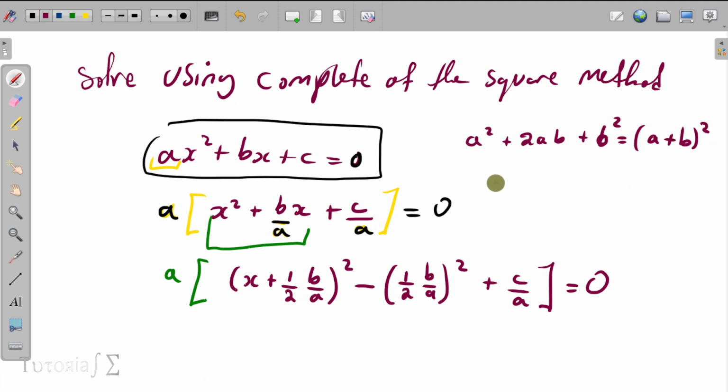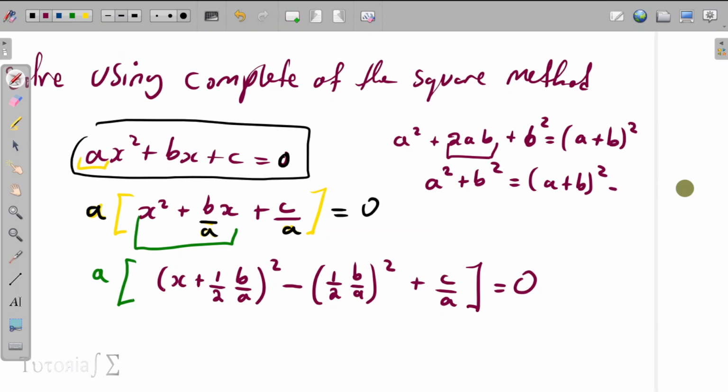What about if we wanted to have a squared plus b squared written as a plus b, then squared? Well, there will be this extra term 2ab that we don't need when we expand this. So we can subtract that term, we can subtract 2ab. That is the idea.